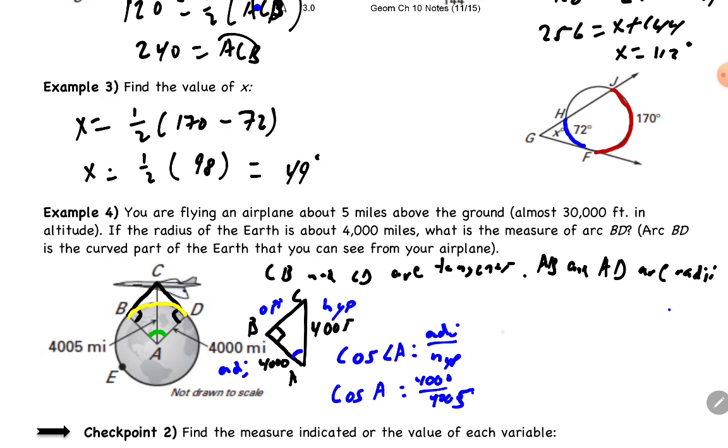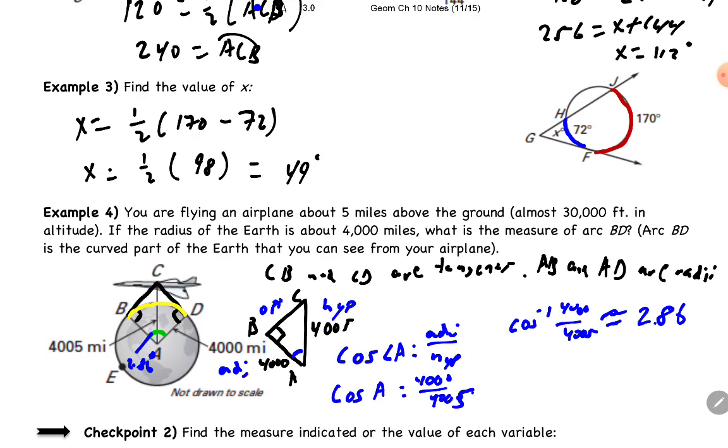Then we take the cosine inverse of both sides to give us our angle, which is about 2.86. So this little blue piece here is 2.86 degrees.